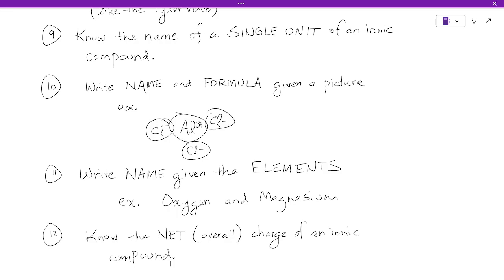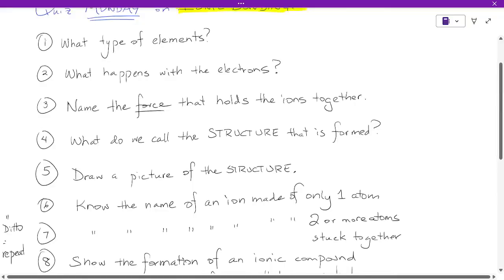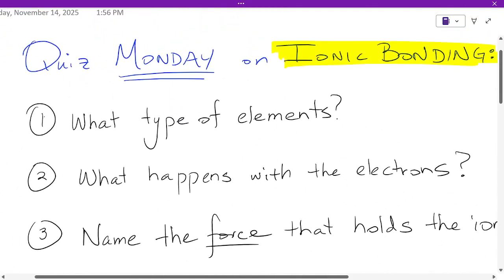Let's just go through and make sure that we all know all these things. What type of elements form an ionic compound? Metal and non-metal. Yes.